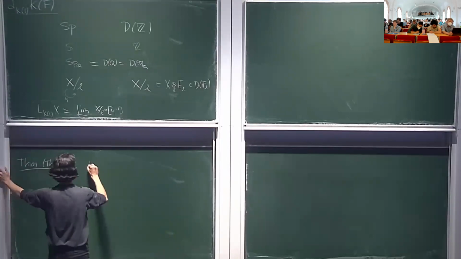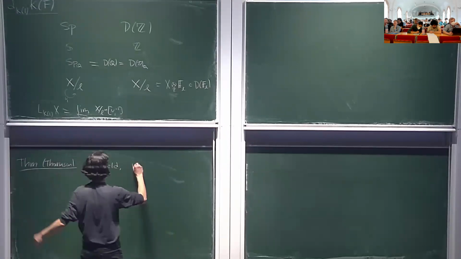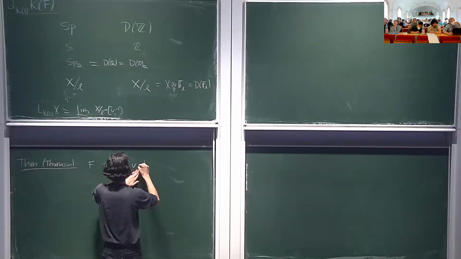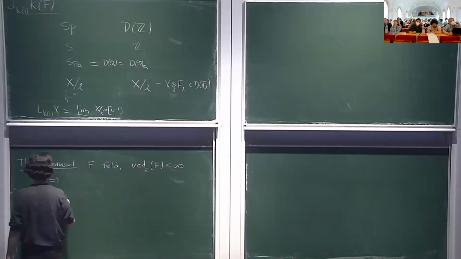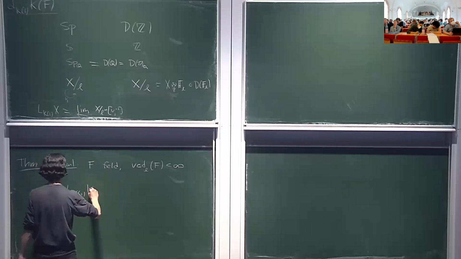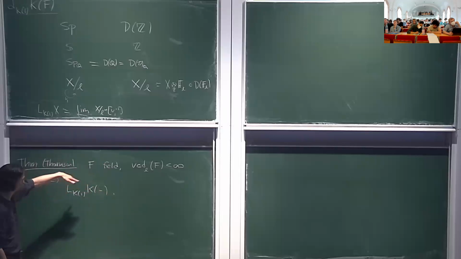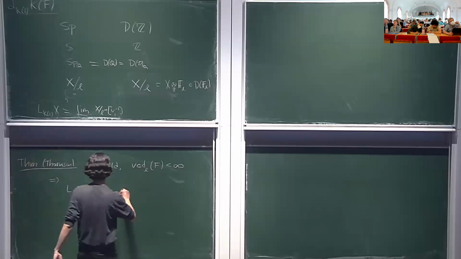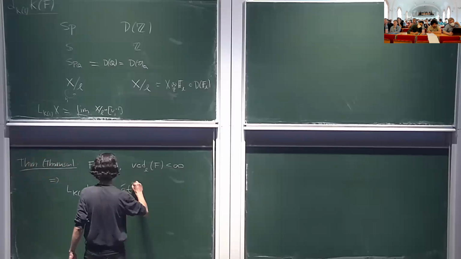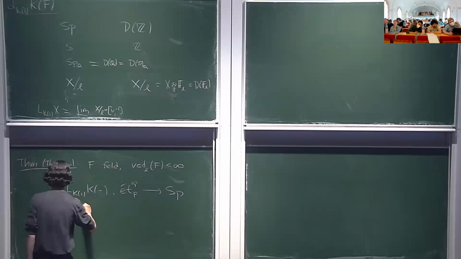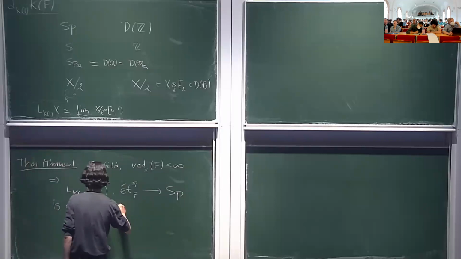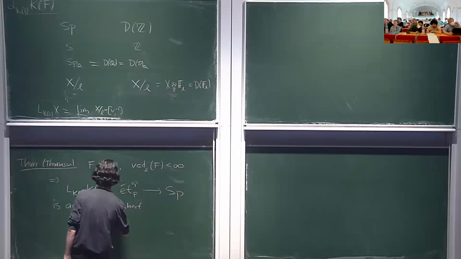So if F is any field with virtual cohomological dimension at the prime L finite, then if you K1 localize this K theory spectrum, you plug in not just F, but any finite separable extension, or I guess you could say any finite étale F algebra, values in spectra. This is an étale hypersheaf. And never mind what that precisely means. It's a form of étale descent, but how do you interpret this?